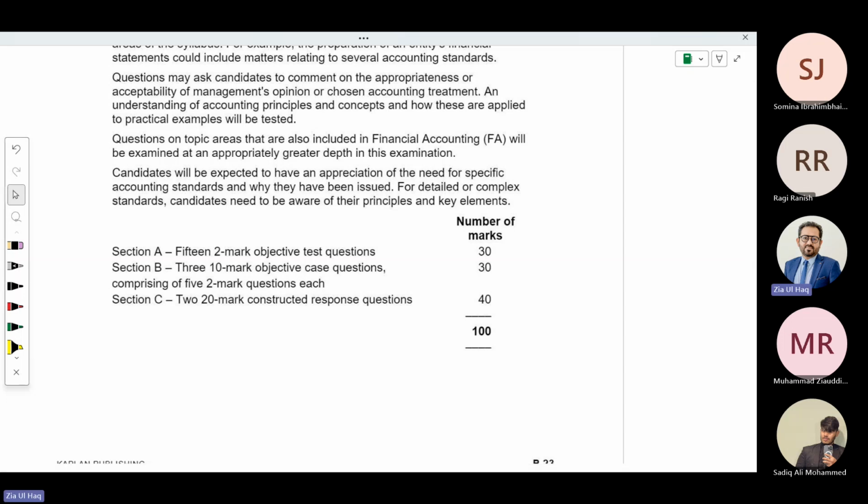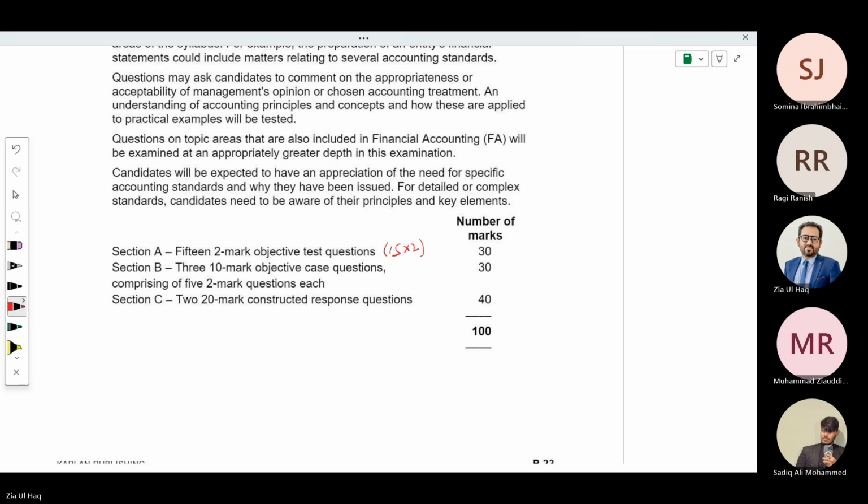Section A for 30 marks, section B for 30 marks, and section C for 40 marks. In section A, there will be 15 objective type questions, meaning MCQs, of 2 marks each. And section A will cover the whole syllabus, all 23 chapters.